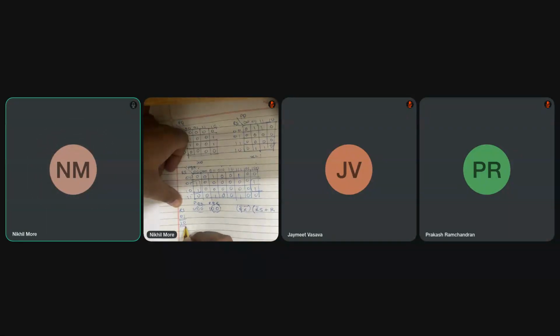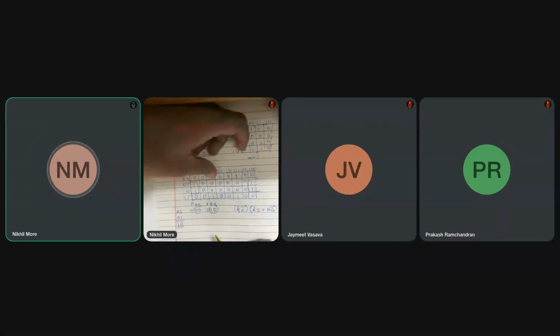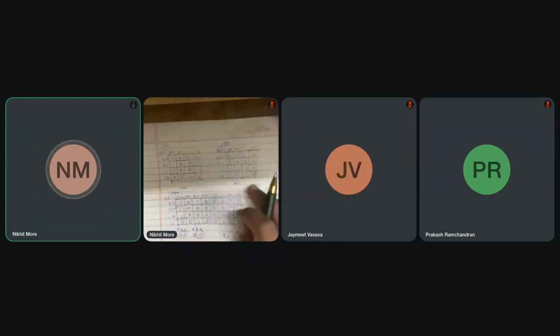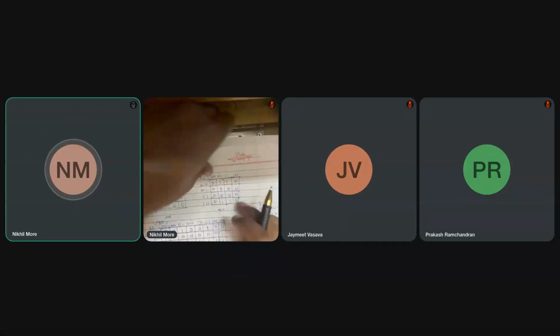We are now considering the second term, the lower term, which is R, because the variable under R is 1. The value of R is 1 here, and S is 0. So this should be S bar. This is one term what we have got. The other terms here are okay. I think we can calculate from here.